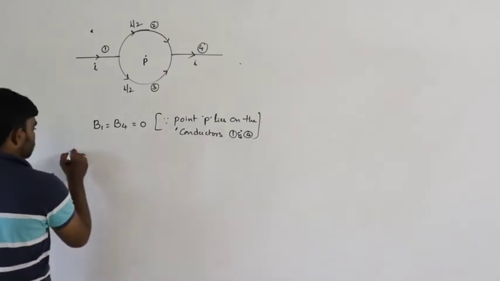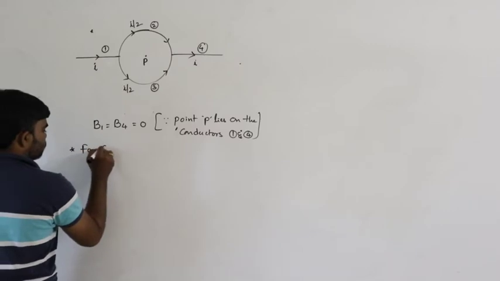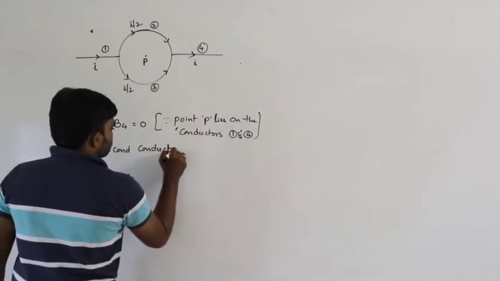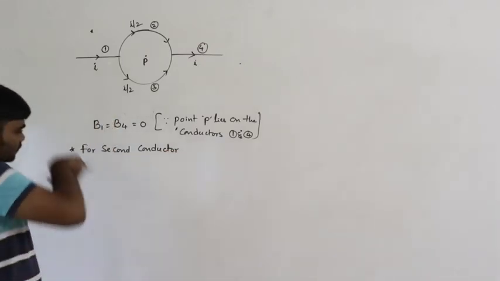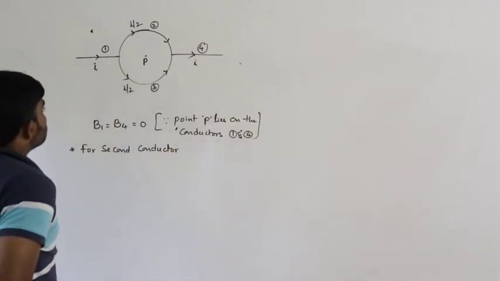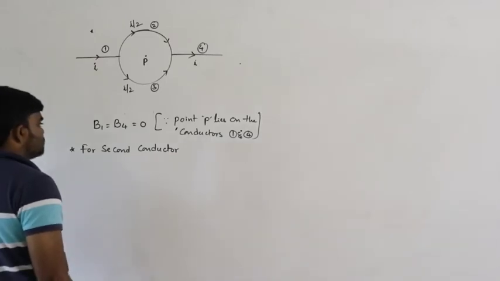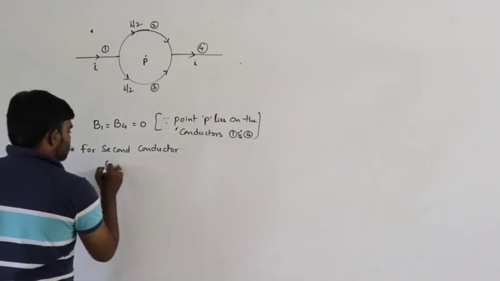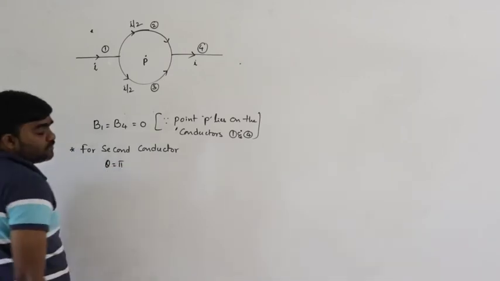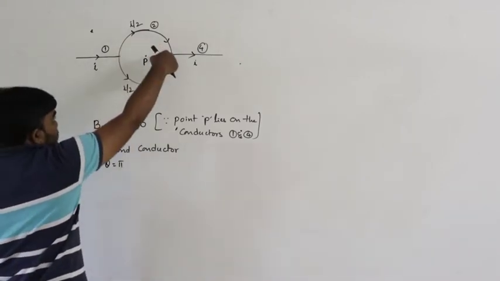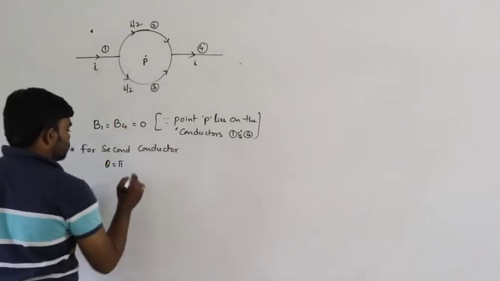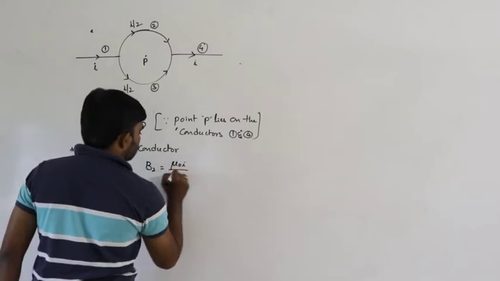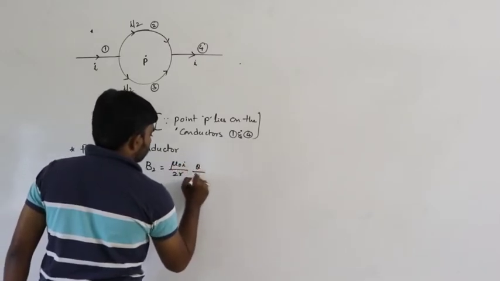Next, for the second conductor, what is the shape? The angle subtended at the center, theta, is equal to pi. So this is pi for the second conductor. Therefore B2 is equal to mu naught I by 2r into theta by 2 pi.